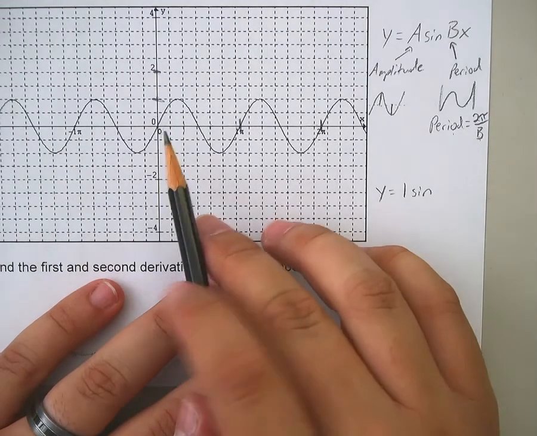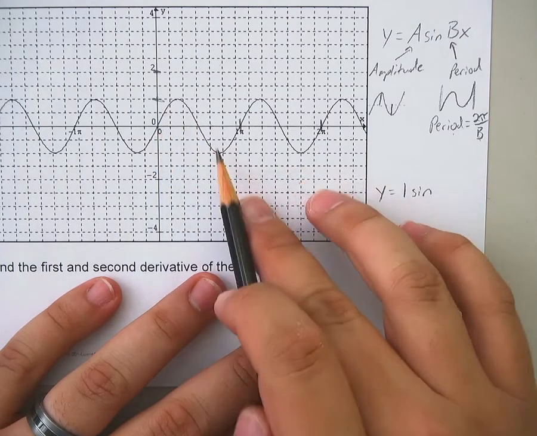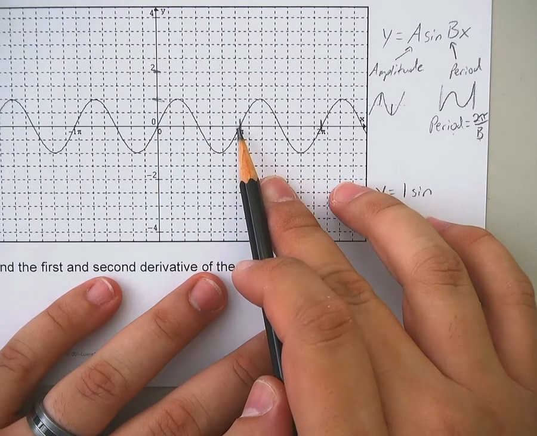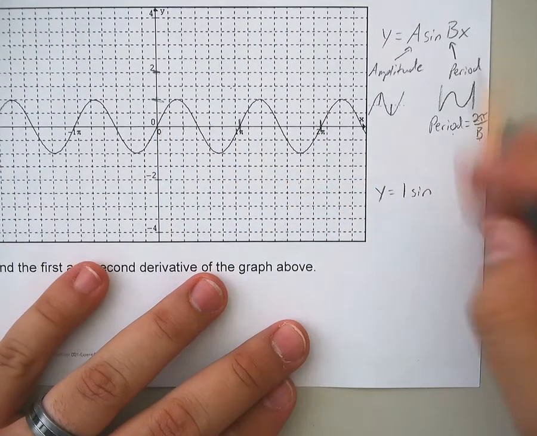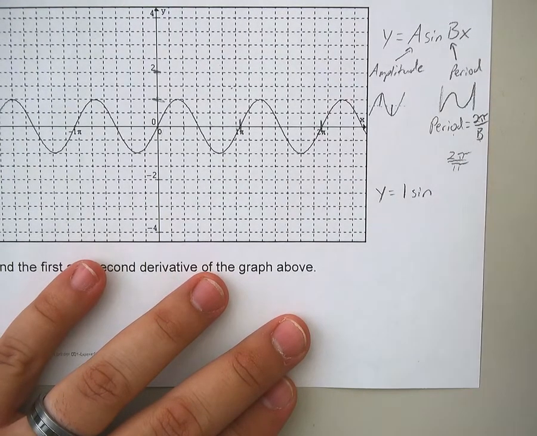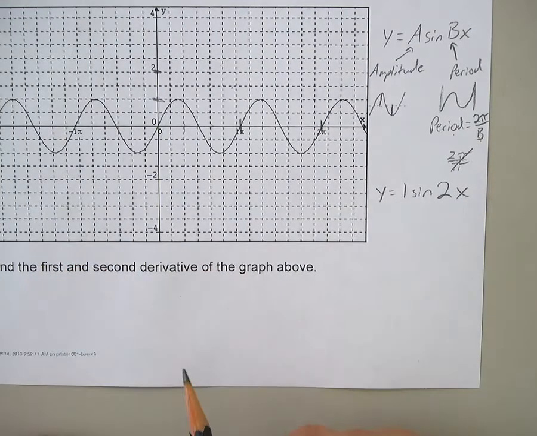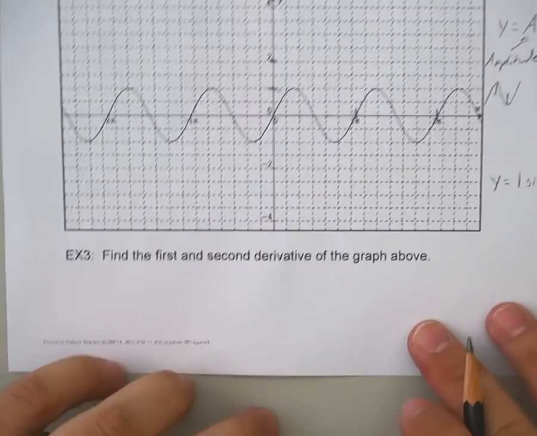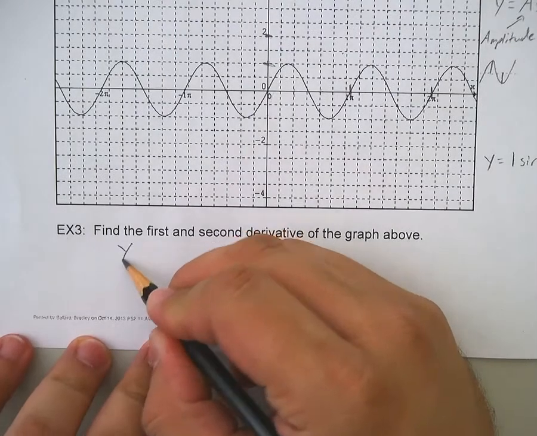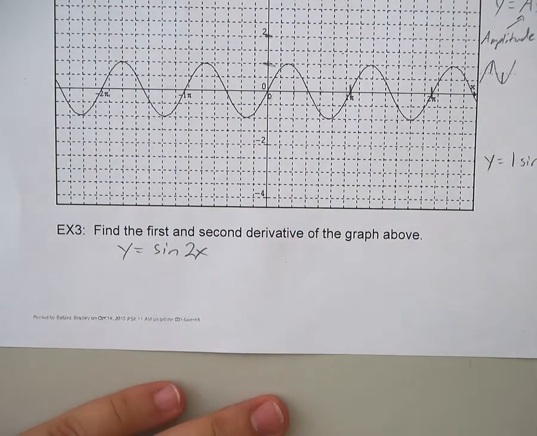B is how long it takes to do one wave from here to here. Well, that took pi. So your period is 2 pi over pi, which is 2x. So the equation for this line is y equals the sine of 2x.